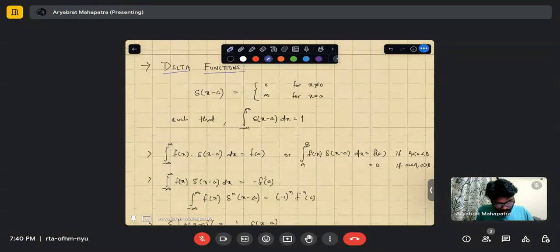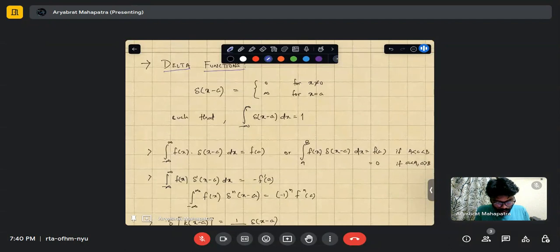The delta function is defined so that delta of x minus a is either 0 or infinity. It can be only 0 when x is not equal to a.